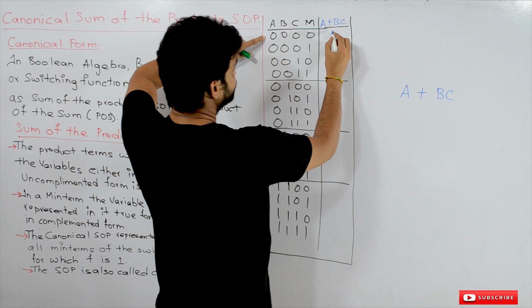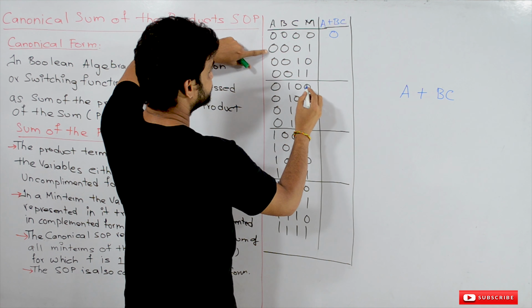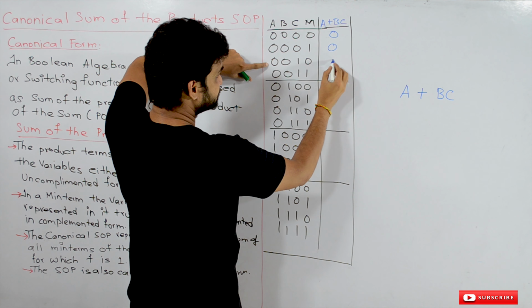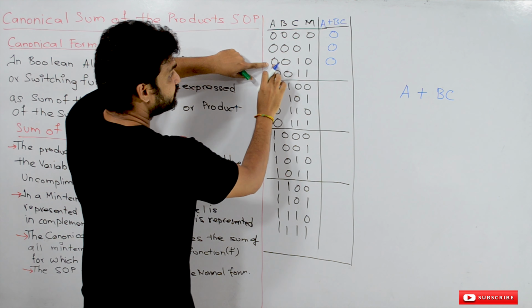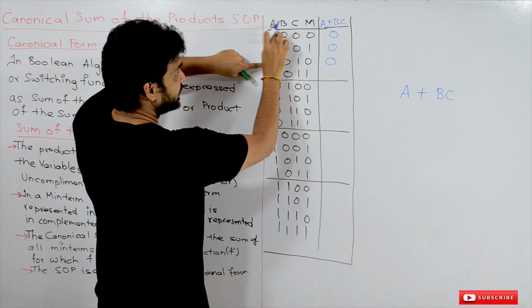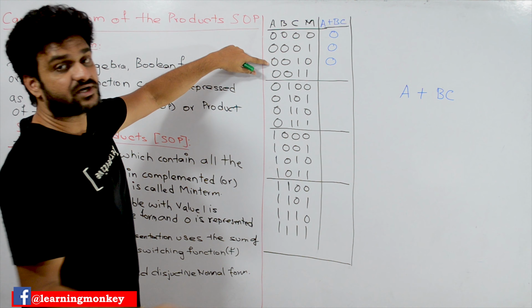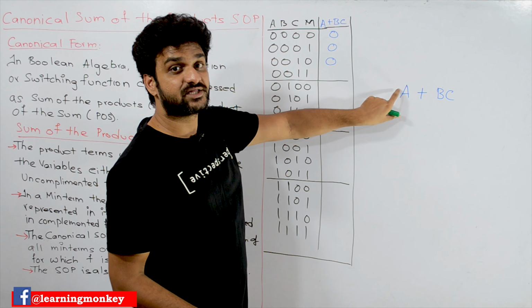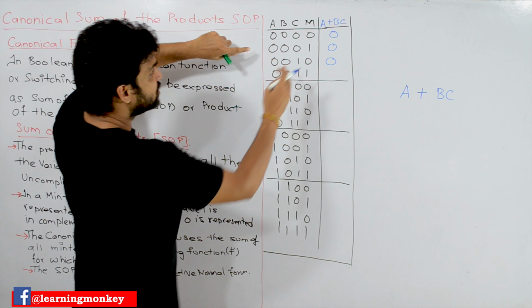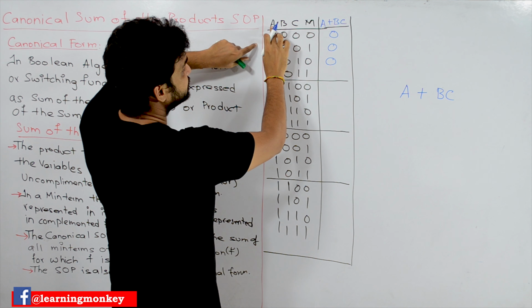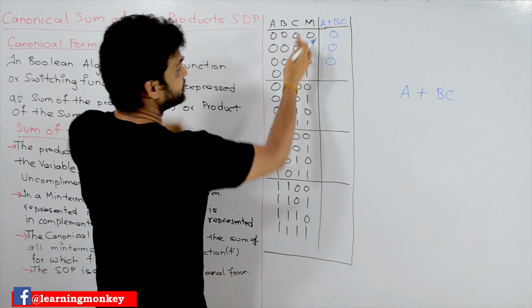Here it is not true, so it is going to generate a 0. Here also it is not true, so it generates a 0. This is not true because we need either A or BC to be true. M is also there, but we are not at all concerned about M because M is not in the switching function. Whatever the value of M may be, we are worried only about either A or BC.